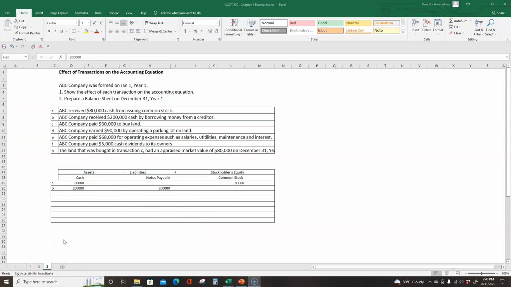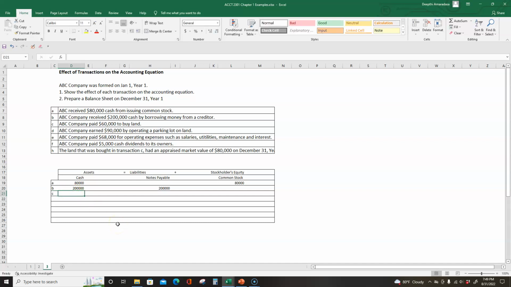Let's look at the third transaction. Transaction C says ABC Company paid $60,000 to buy land. What happened? The company paid $60,000 to buy land. So we bought land. The company now has land, but they lost $60,000 of their cash because they had to pay that.